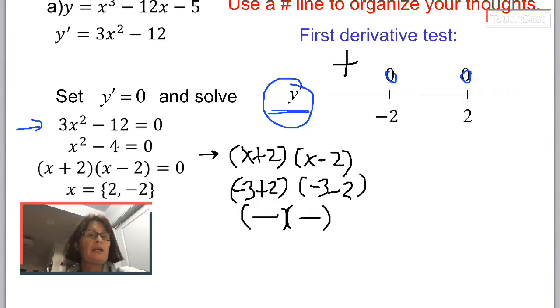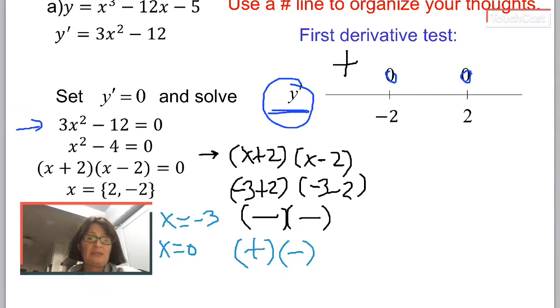So now I'm going to try a number in between -2 and 2. I'm going to use 0. So in my head, I think 0 plus 2 is positive. 0 minus 2 is -2, which is negative.